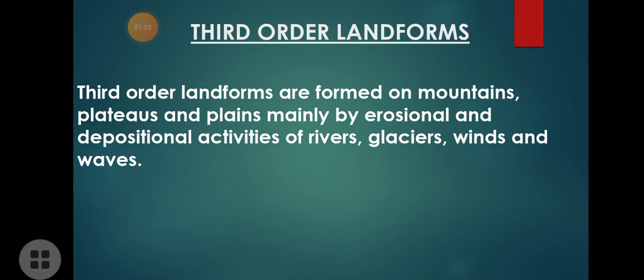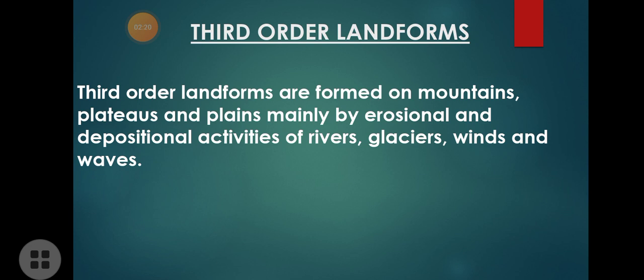So how are they formed? Mainly by either erosion or deposition activities of rivers, glaciers, winds, and waves. Erosion means gradually or slowly breaking something into pieces, destroying something slowly.